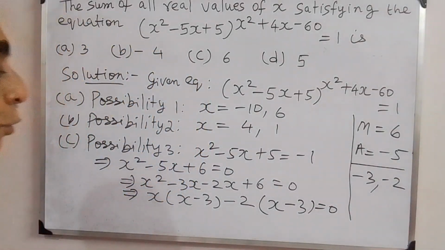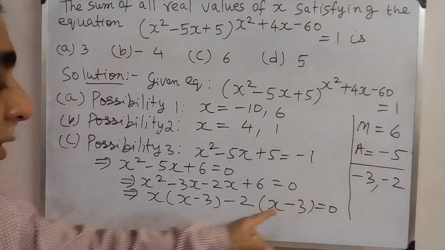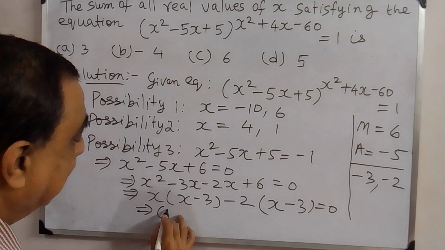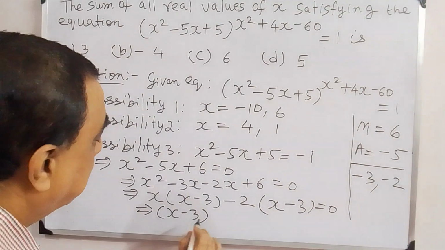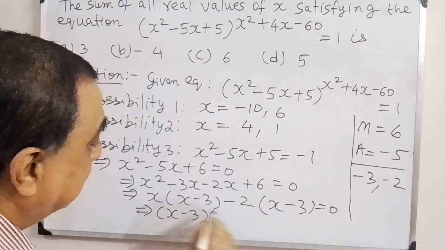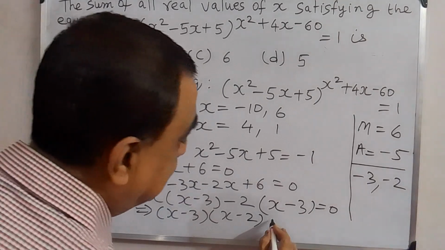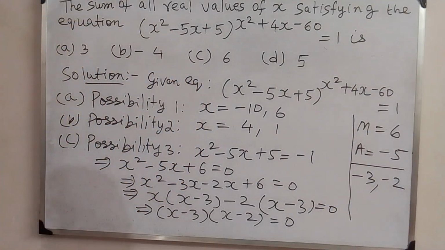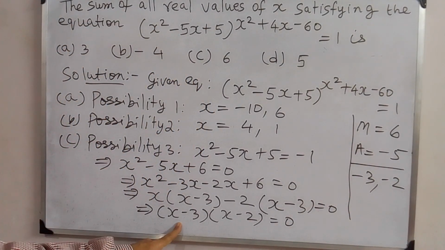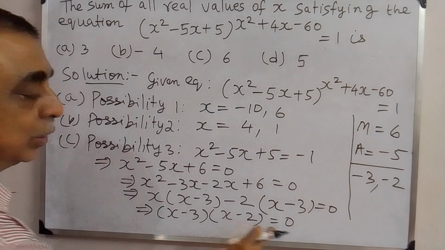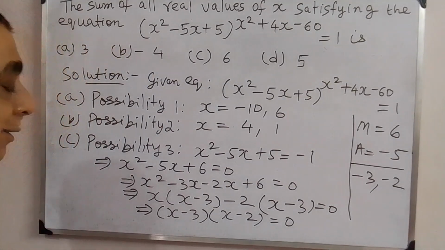So this becomes 0. Now here x minus 3 is in both the brackets, so we will take x minus 3 common, and what is remaining will be in the other bracket. So x minus 2 will be in the other bracket, is equal to 0. Either the first expression will be 0 or the second expression will be 0, when the product of two expressions is 0.